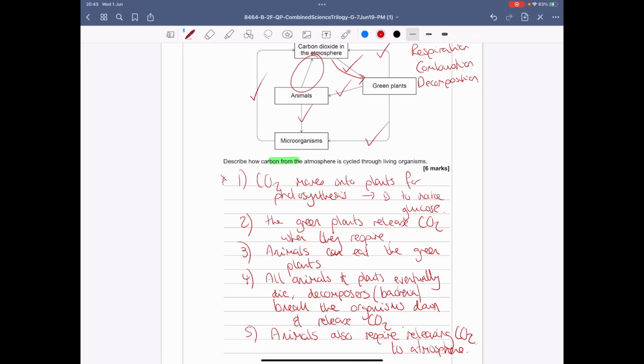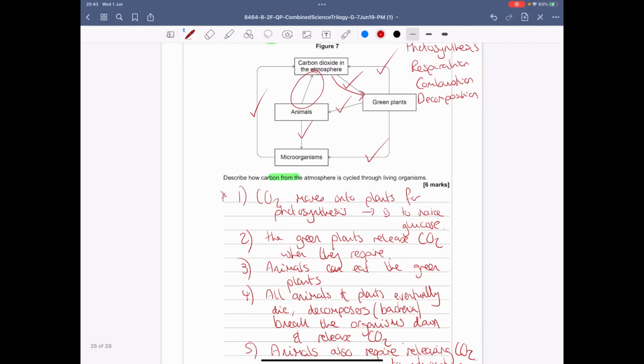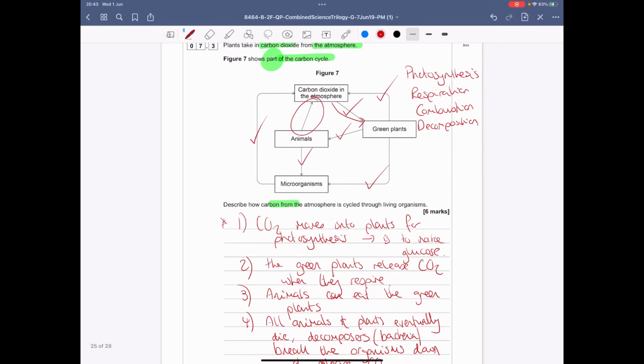Now that is everything they've put into the diagram. If you just said all of those points, you'd at least get 4 or 5 marks. But to get the final couple of marks, you have to include the other part of the carbon cycle they haven't included, which is what can happen to the dead microorganisms. Yes, they get broken down, but if they're trapped under sediment, their remains can be converted over millions of years to fossil fuels.